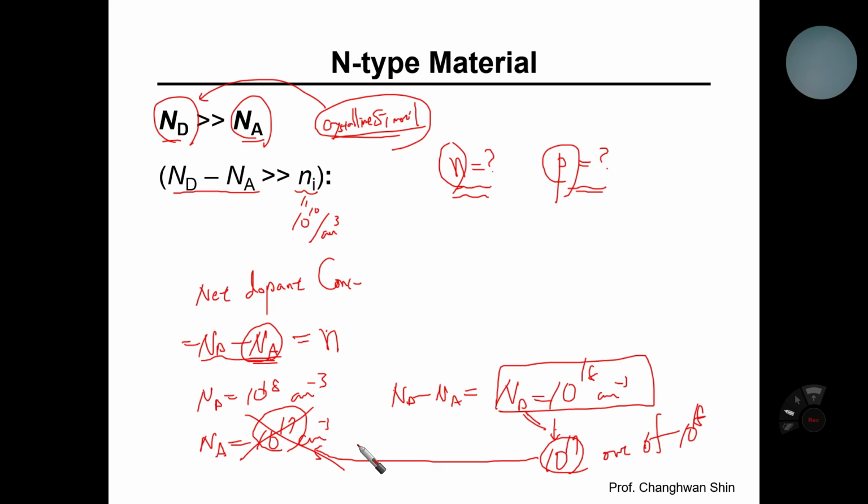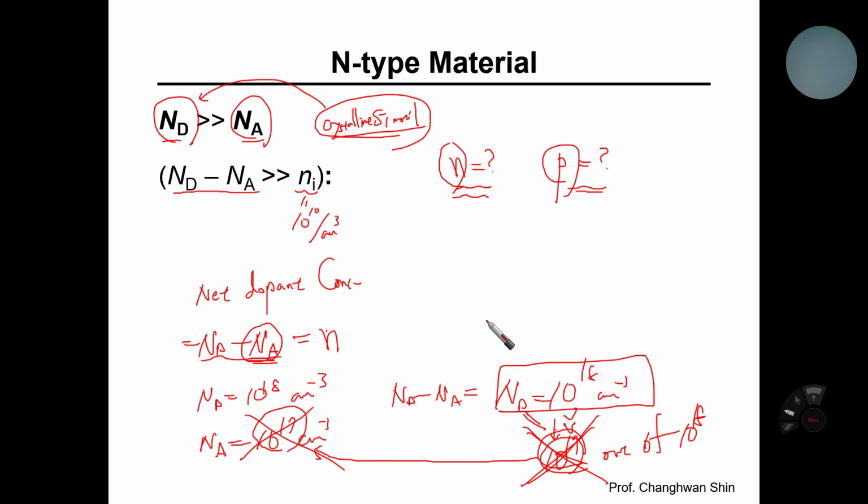That's true, I know. However, we can ignore it because this 10 to the 17 is much, much lower than the 10 to the 18 total amount of donor concentration. So in this lecture or in the midterm and final exam, if a certain value is smaller than the original value by 10 times, then ignore it.